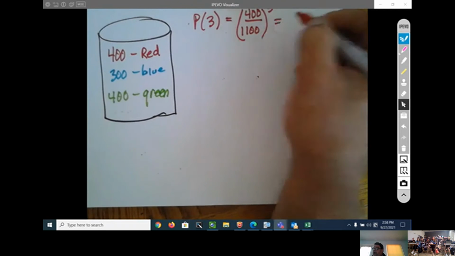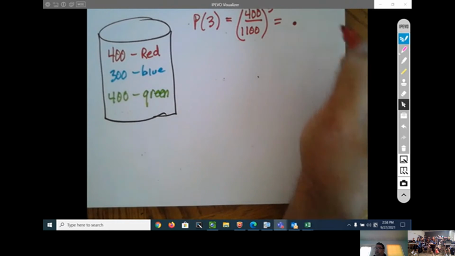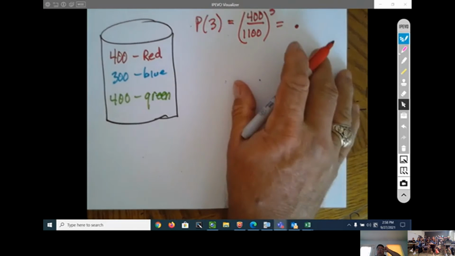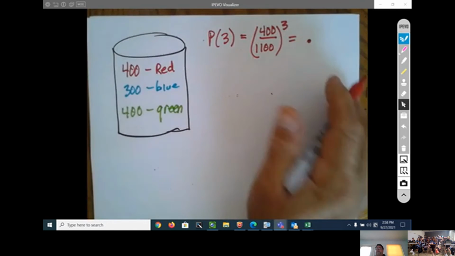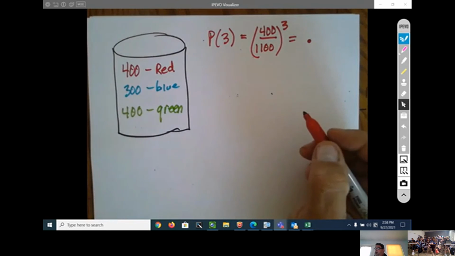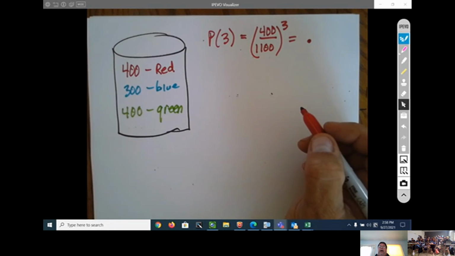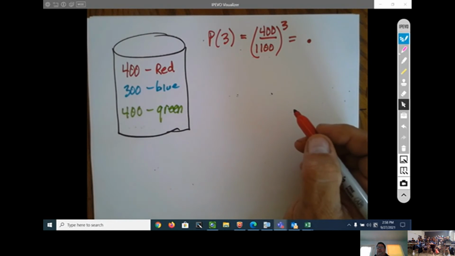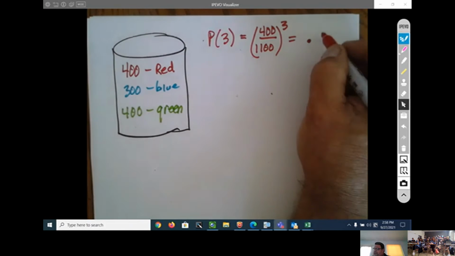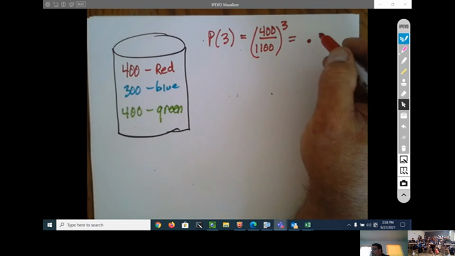Somebody do that. Give me 4 decimal places. 400 cubed divided by 1100 cubed. 0.0480.